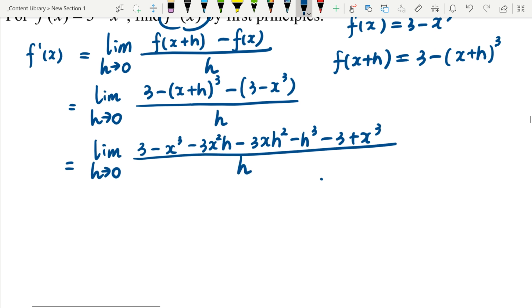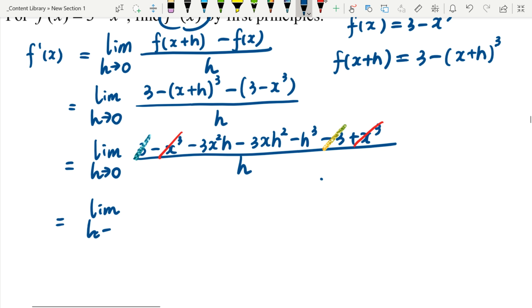Alright, what can I cancel from the numerator? Those x cubed can be cancelled. What else? The 3 and the 3 can be cancelled. What else? I can divide h for all of them, that's right.